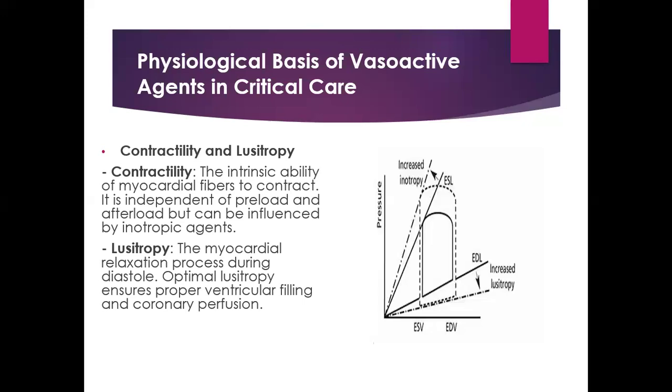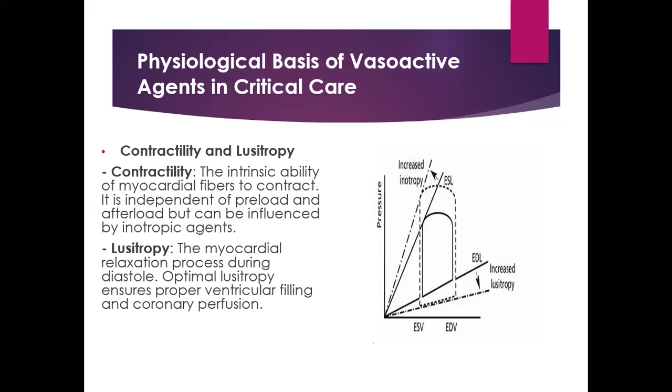For instance, if you are using noradrenaline or milrinone or any of these vasoactive agents, especially levosimendan, the calcium sensitizers, what they do is increase the intrinsic ability of the heart to contract, and that affects your stroke volume and eventually your cardiac output.